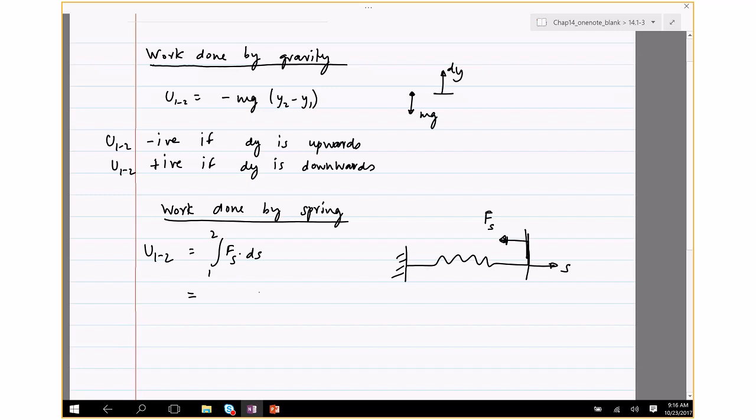Assuming that this is I, this is J, then the force due to the spring, when you stretch the spring, always wants to spring back to its original length. So Fs is going to be in the direction I've shown, to the left. So Fs is along negative I and ds is along positive I. So the force due to a spring is K times S, well, it's K times (S minus S0), where S0 is the free length.